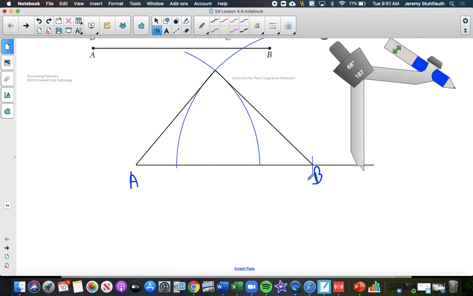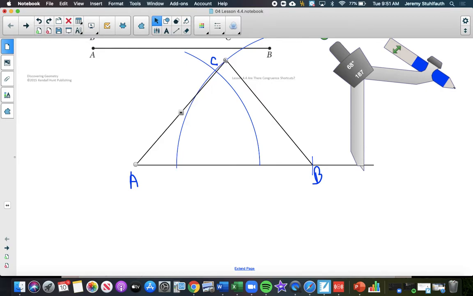B, and C. The question is, really, is this the only triangle that we can make that has sides of this length? If you think about it, the answer is yes. Because if you were to adjust this, say you move this up here, then you would have to extend this length of that triangle, and then you start seeing that these sides are no longer the correct length.